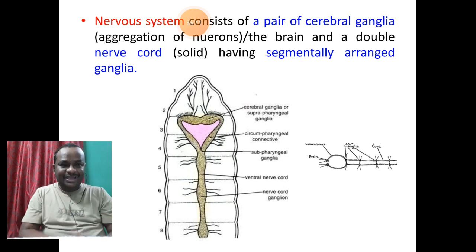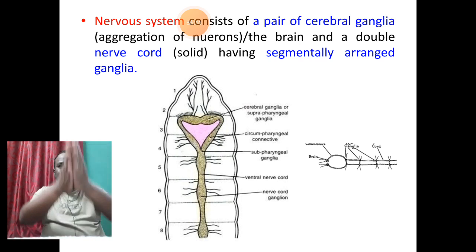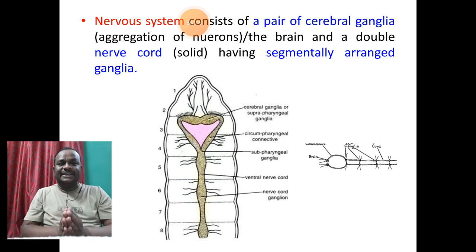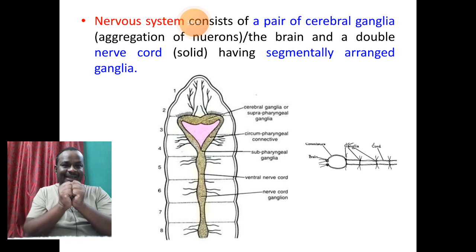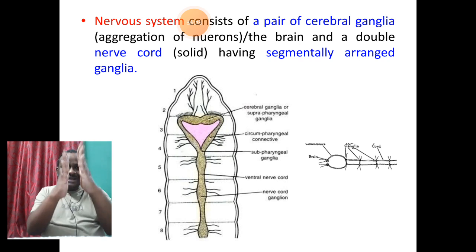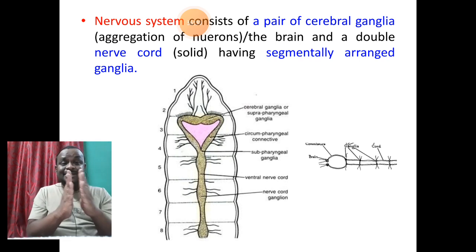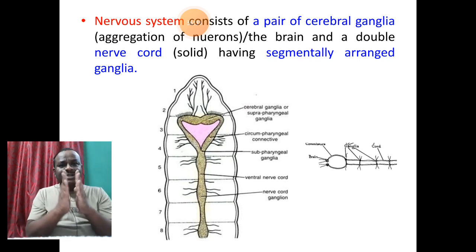They are called nerve cords. As the nerve cords move from anterior to posterior, in every segment the nerve cord shows the presence of a ganglion again, that is, neurons aggregate. So at every segment, the nerve cord shows the presence of a ganglion.